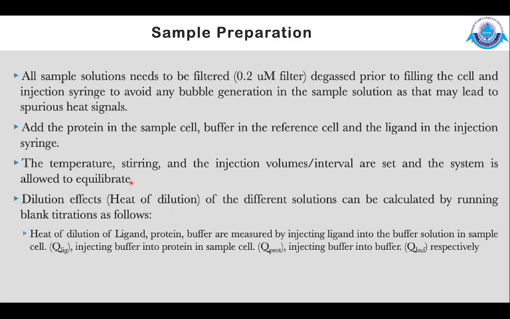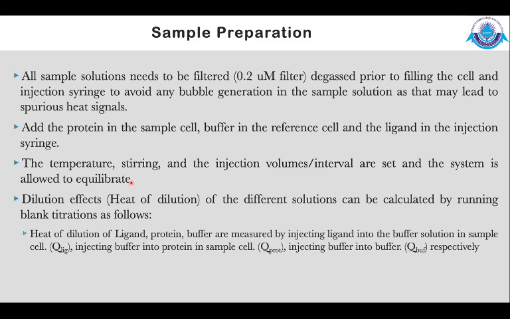So to avoid any errors because of this, we take precaution and subtract these dilution effects from the actual measurement. We have to measure the heat of dilution of the ligand, the dilution effect of the protein, and the dilution effect of the buffer. All three of them get diluted, and we can measure them separately.